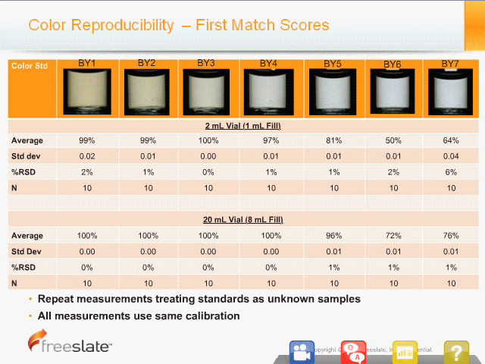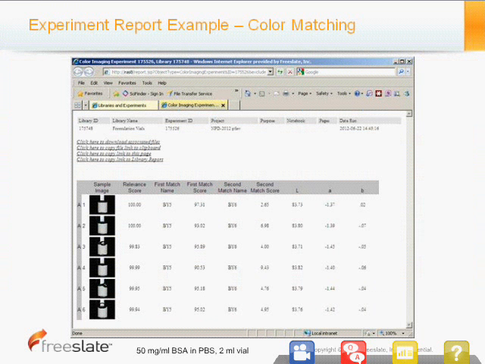So the next slide, I show you, again, another example report that gets generated when you measure samples. So here's, again, 6 BSA solutions in PBS. In your report you get a thumbnail image of each of your samples. You get a column here that shows the relevance score. That tells you how relevant your standards are to the samples you've just analyzed.